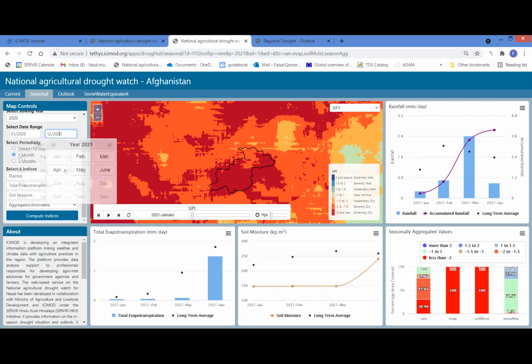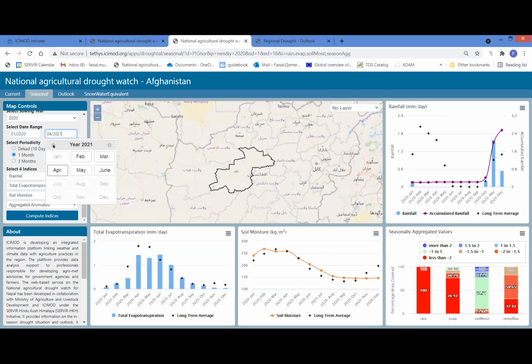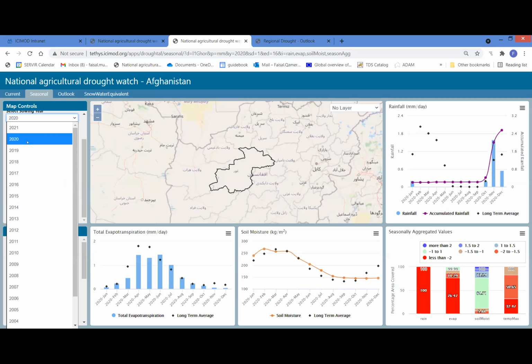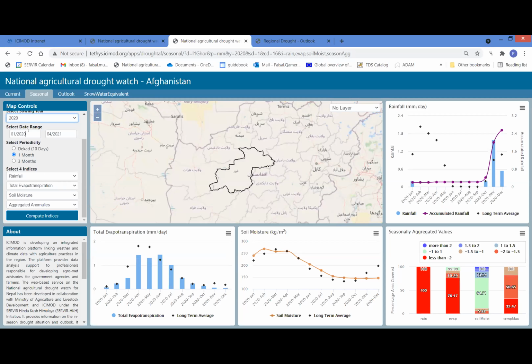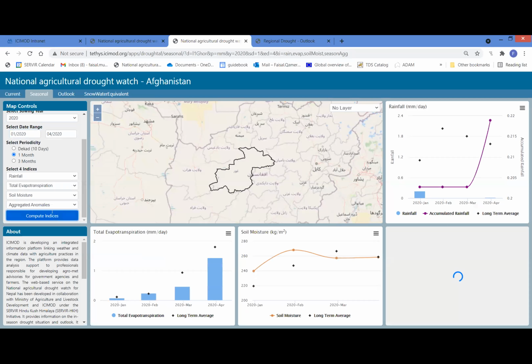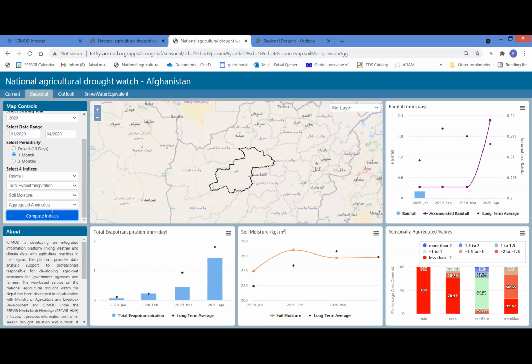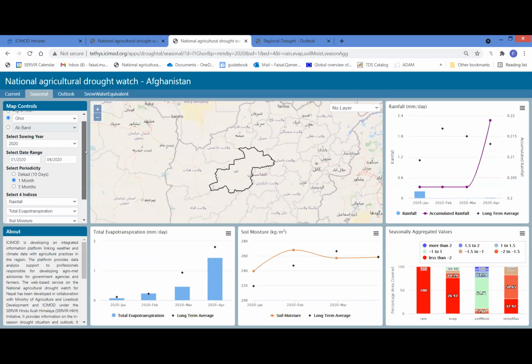Sorry, I didn't check. It should be 2020. Ghor province in 2020, January to April. So even last year it was under deficit rainfall.